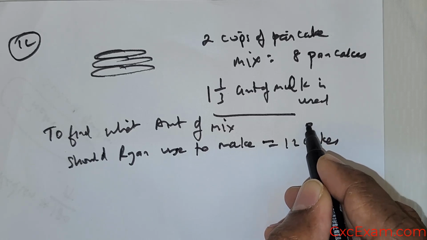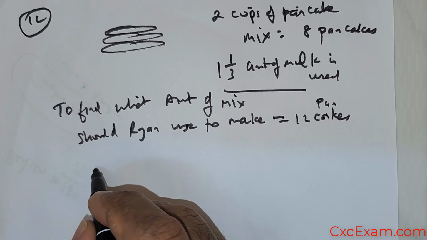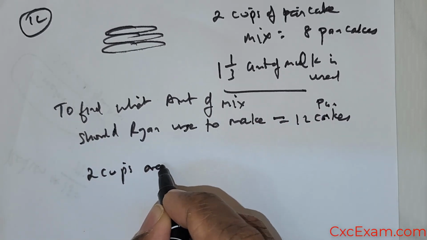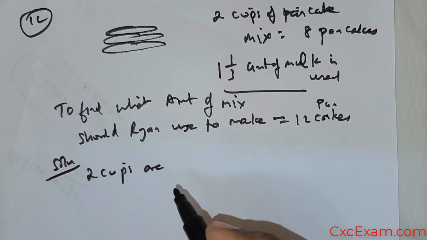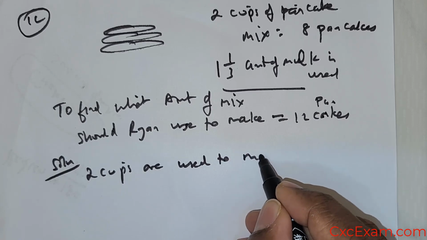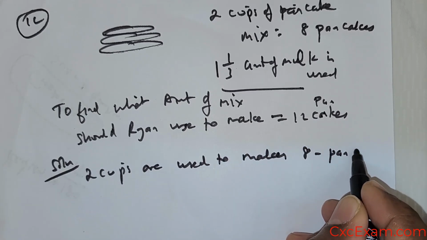Okay, now 2 cups. So this is a solution. So 2 cups are used to make how many pancakes? 8 pancakes.